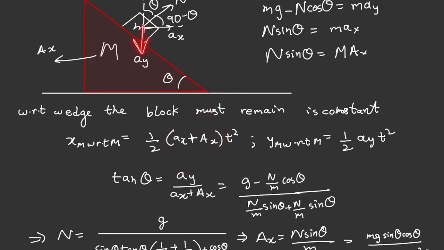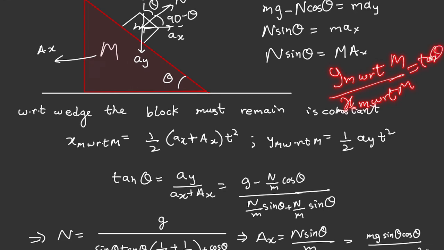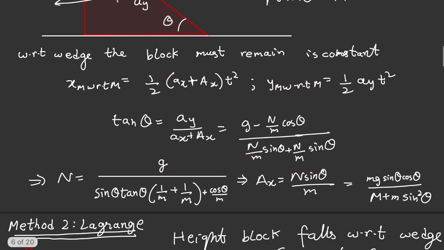And then the displacement in the y direction is half ay t squared, because the acceleration in the vertical direction will not change. Now, since it must remain in contact, ym with respect to capital M by xm with respect to capital M must still be tan theta. So that's what we get here.